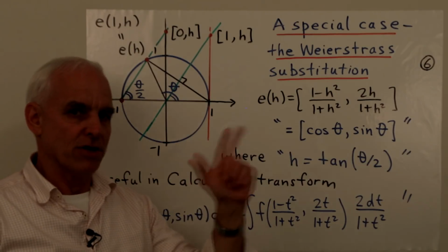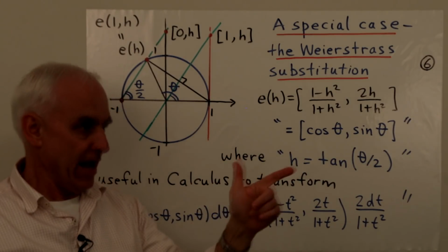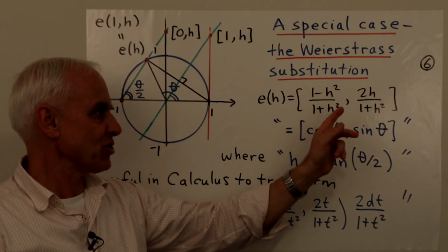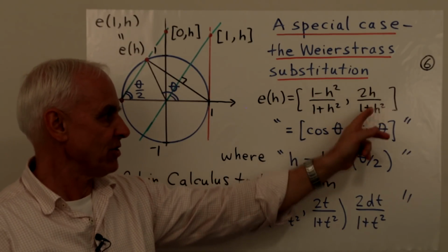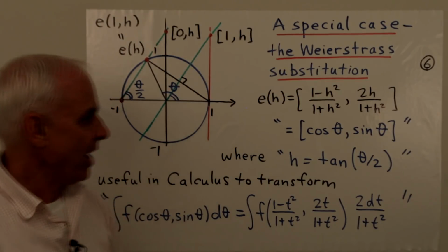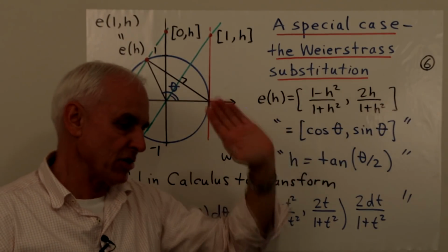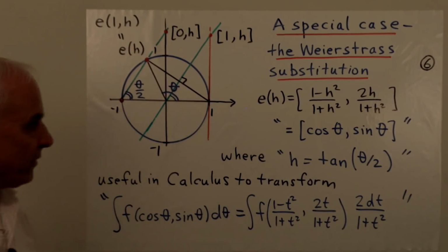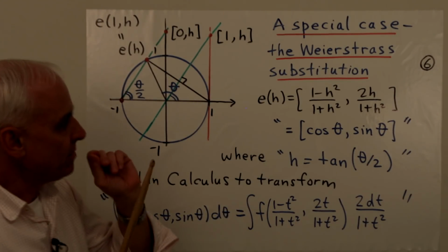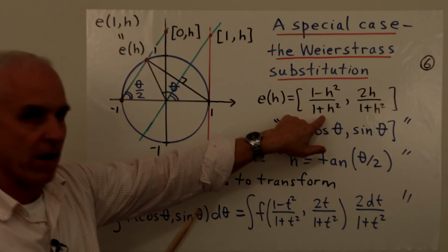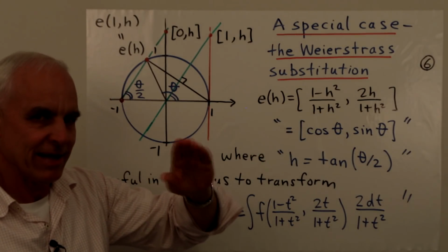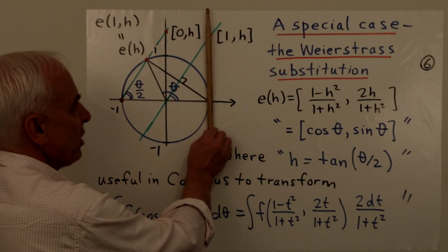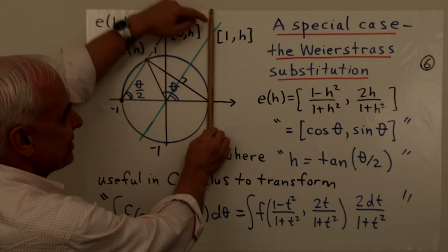So instead of having r's and s's, we now have 1 and h's. So instead of r squared minus s squared, we have 1 minus h squared, 1 plus h squared, 2h, 1 plus h squared. And this is the familiar rational parameterization of the circle that I go on and on about as being very important. So we're touching base with this rational parameterization, which is just a little bit less sophisticated than the projective one, by restricting our point to lie on this line.